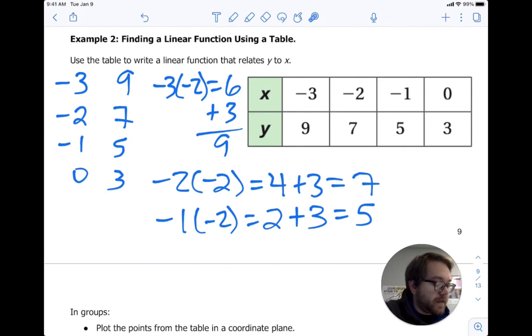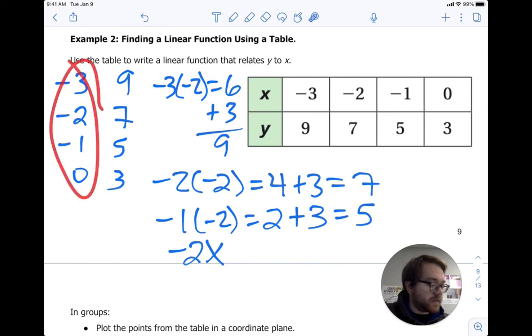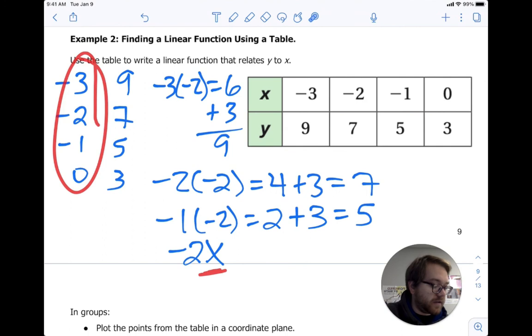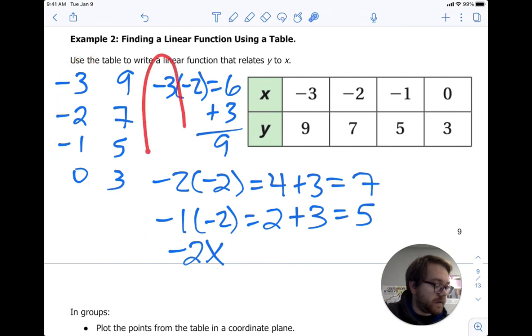And so each time I took my number, this number over here, which we'll call x, and I multiplied it by -2, right? Remember, I'm calling it x because all of these numbers here are in the x column. So each time I took -2 times my x value, and then I added 3.